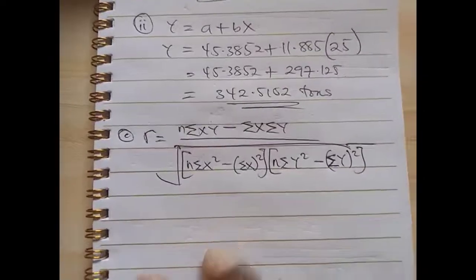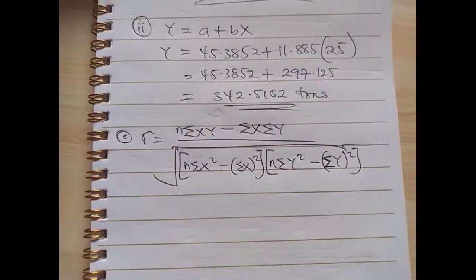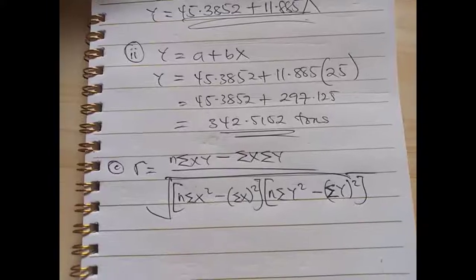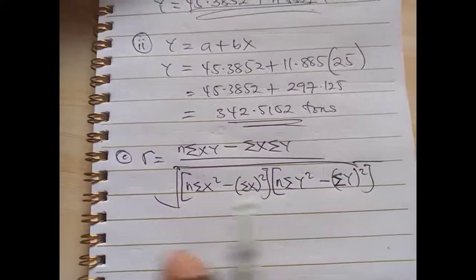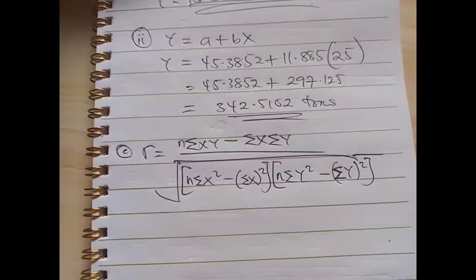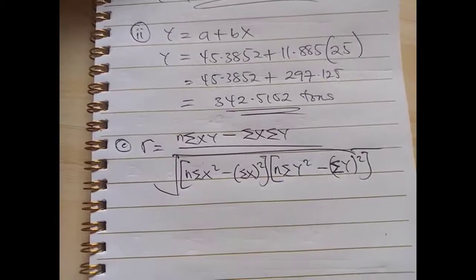So we need to prepare a table for y squared. We already have that, so we need to now fix the values the same way we did for the regression.